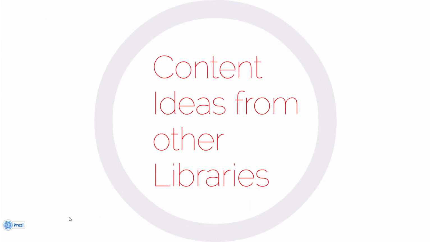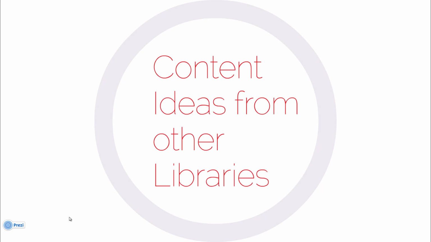So to go on from there, as far as suggestions I would have, I'm going to jump into just showing some content ideas from other libraries. These are going to be different things, so not infographics, not essay style reviews, different kinds of content that other libraries are using that you might consider.